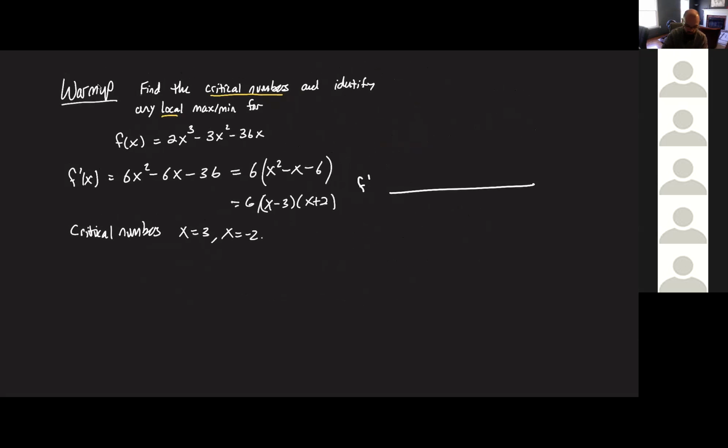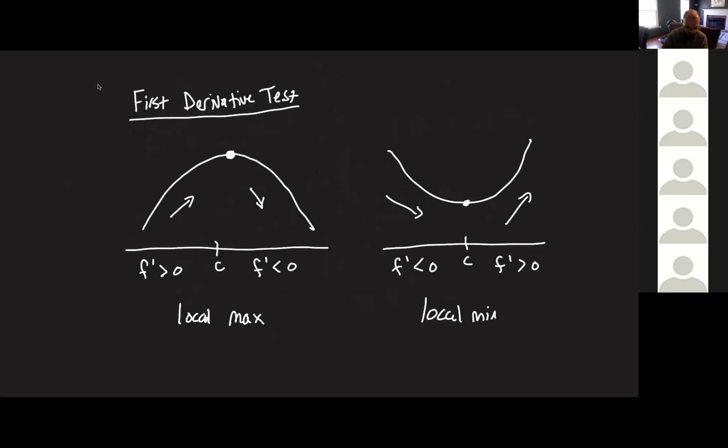If we go back a few slides, on Monday we talked about the first derivative test, where if your derivative goes from positive to negative, meaning you're going from increasing to decreasing in your graph, that's going to be a local max. And correspondingly, if you go from decreasing to increasing, we are going to have a local min. So we're looking for these values where the derivative goes from positive to negative or from negative to positive.